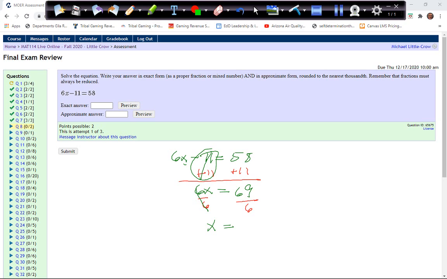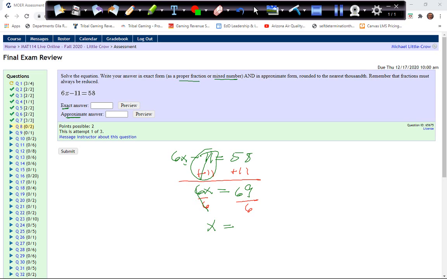Remember that fractions must always be reduced. And approximate. Okay, so exact answer and approximate. So that's what they're asking for. So the exact answer will be the fraction. And they want it as either a proper fraction or mixed number.